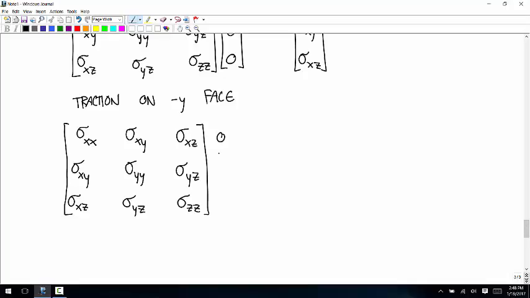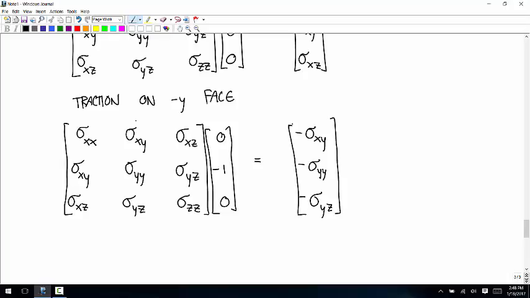Yep. And if you do that matrix multiplication, you get negative sigma xy, negative sigma yy, negative sigma yz. And if you draw just a normal stress cube, on the positive y face, you have sigma xy, sigma yy, sigma yz. We know on the negative face it has to be equal and opposite. So this tells you what the traction vector is on the negative face.